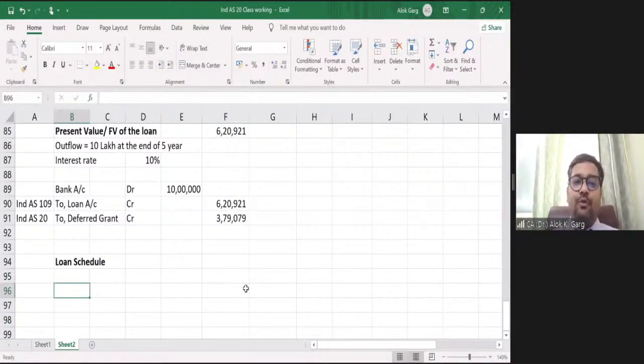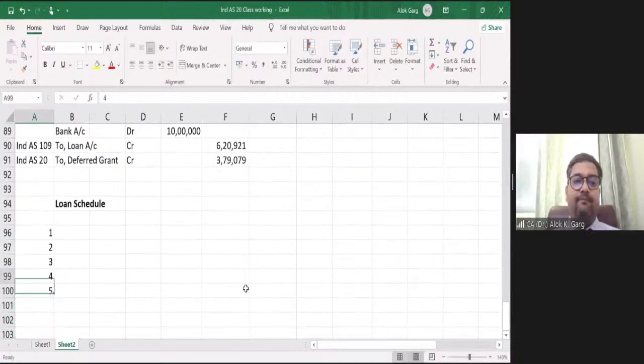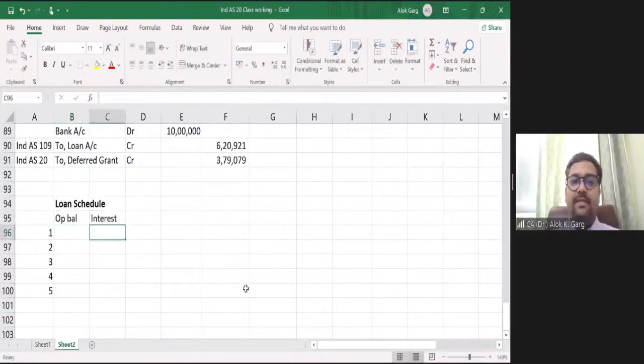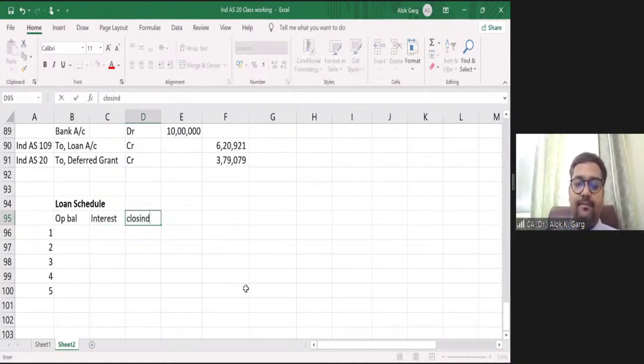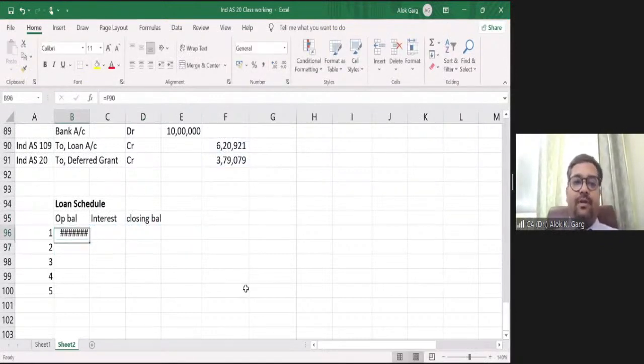So when I say loan schedule, of course, for the 5 years, what is the opening balance? Then your interest expense, then your closing balance. Opening balance of the loan is 629.21.